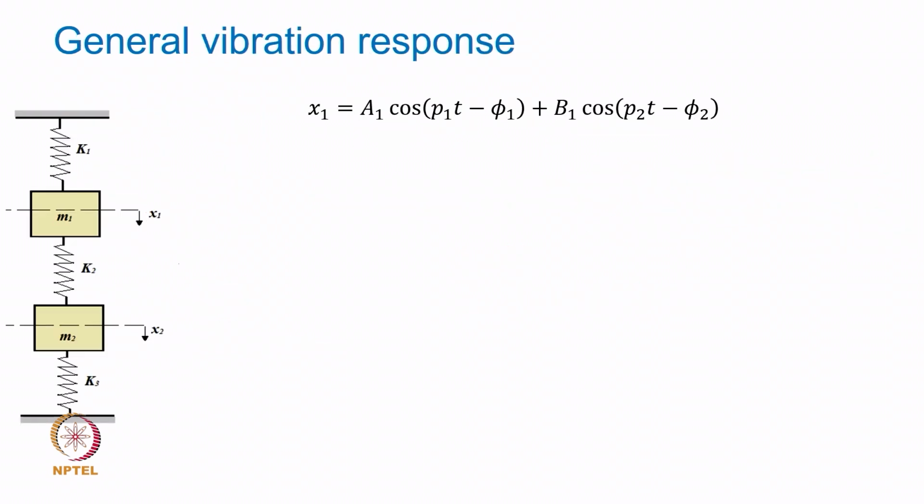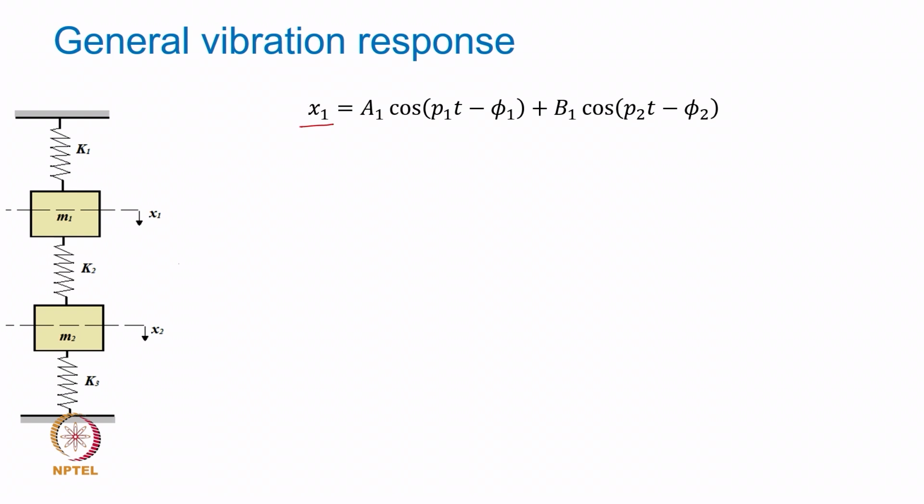Now, we will formally introduce and discuss what happens when such a 2 degree of freedom system is subjected to initial conditions which do not conform to any of the mode shapes, or any of the displacement patterns which is expected at t is equal to 0. So, x1 is going to move in a motion which is going to be contributed by both the natural frequencies.